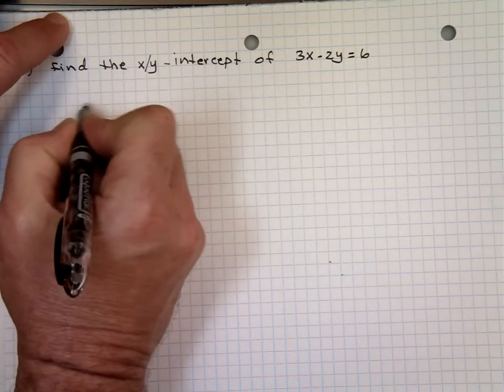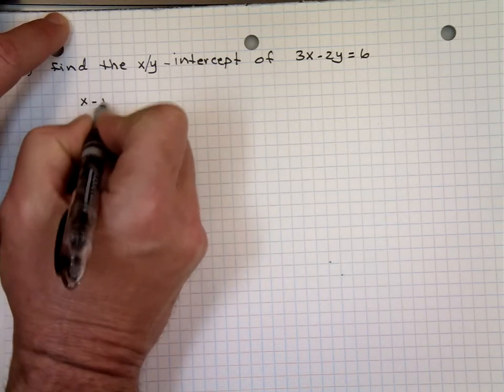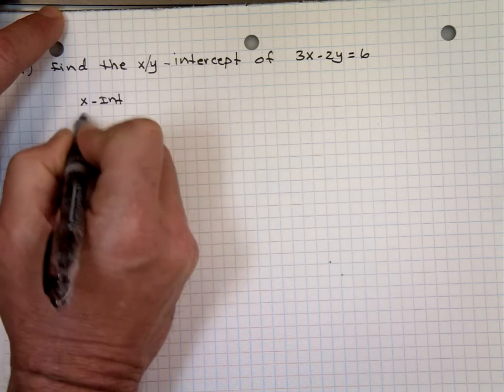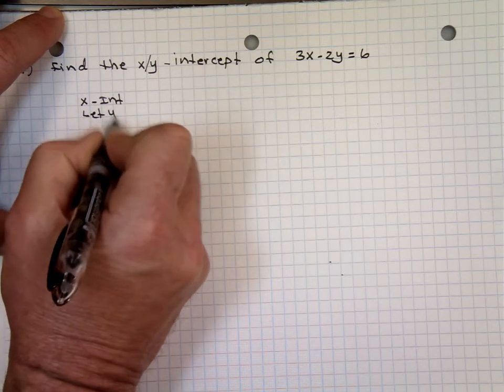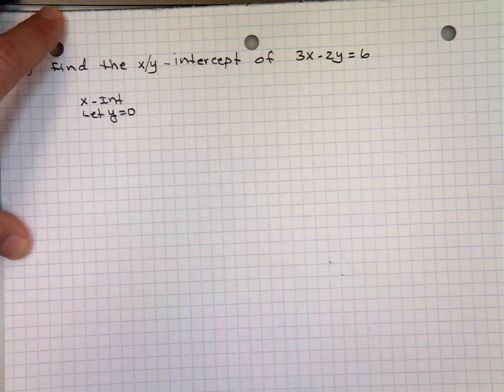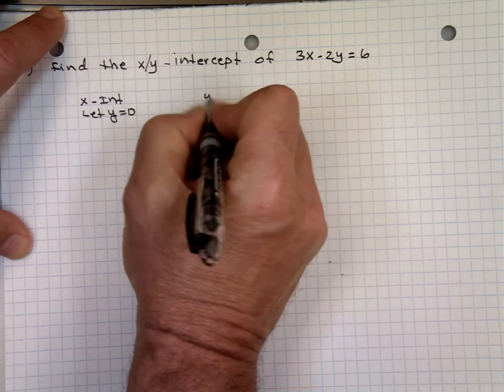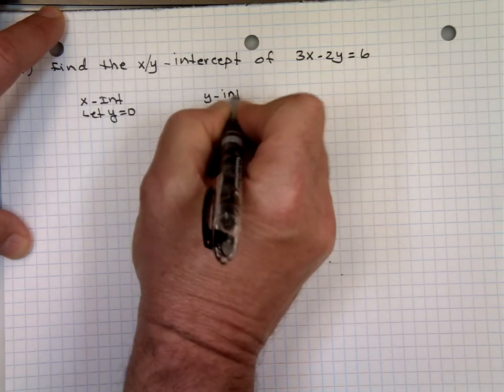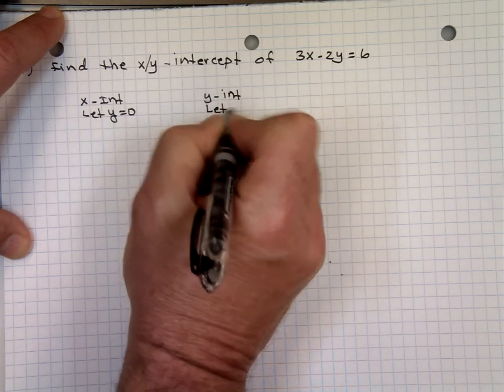The x-intercept, what do we do? We let y equal 0. And the y-intercept, you let what? Let x equal 0.